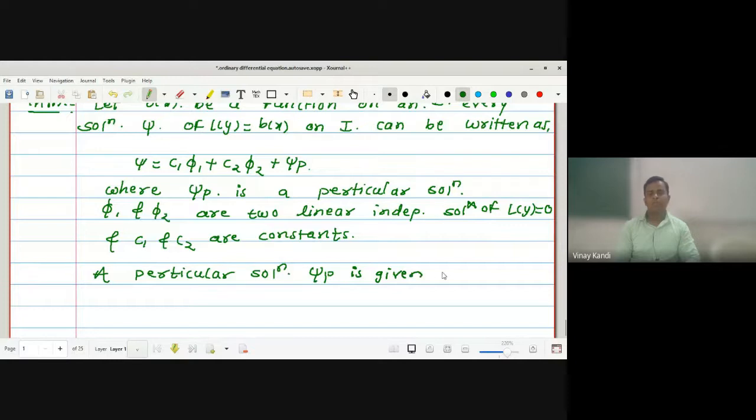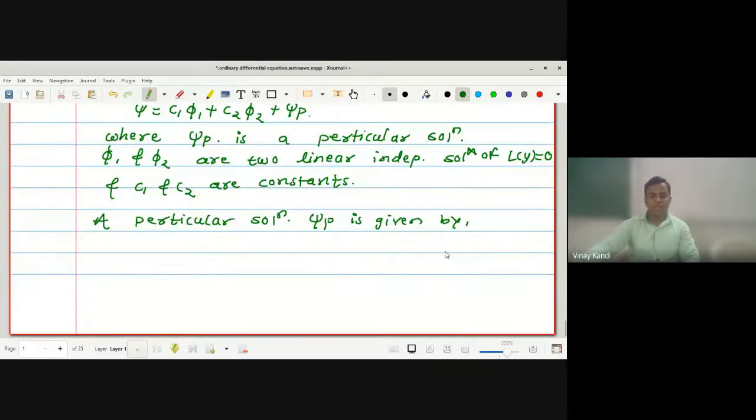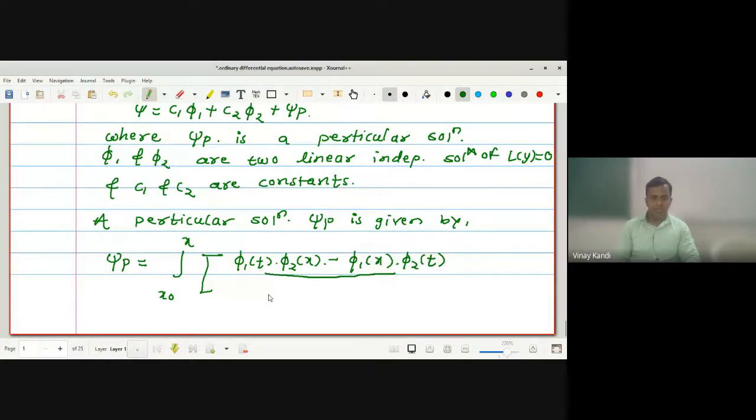it's given by, now look at here, the formula for the particular integral. Psi p is equal to the integration from x naught to x of the bracket, phi 1 of t into phi 2 of x minus phi 1 of x into phi 2 of t, upon the Wronskian of phi 1 phi 2 of t, the whole bracket complete, with b of t, whatever your b is, that function is there, into dt.